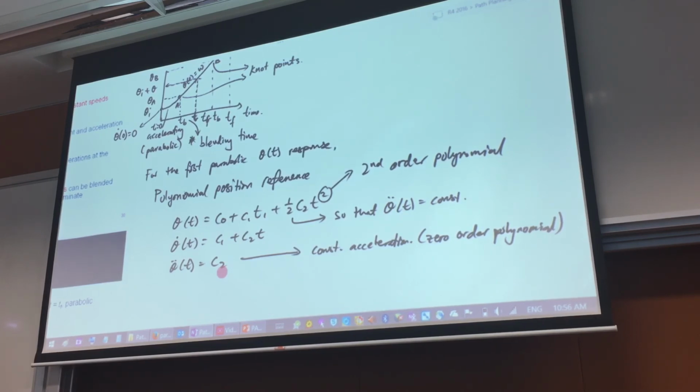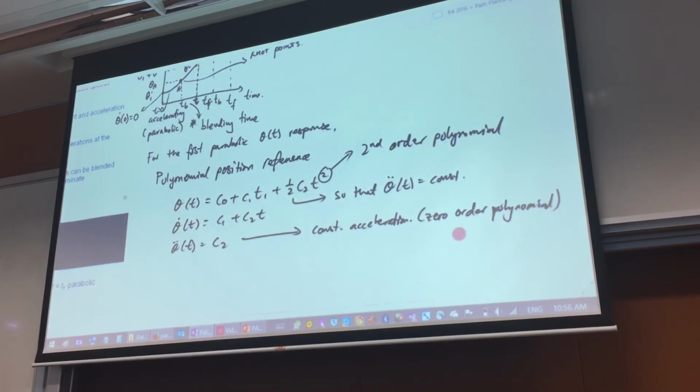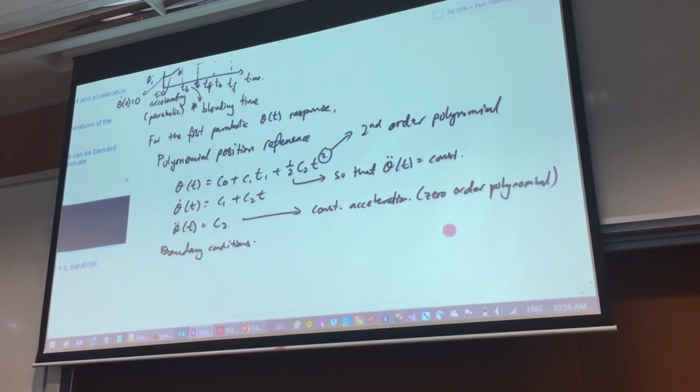This will be the first parabolic response. That means this part over here, the first parabolic response. Out of which there will be the following boundary conditions. For a second order polynomial, how many boundary conditions do you think we'll have? 3.